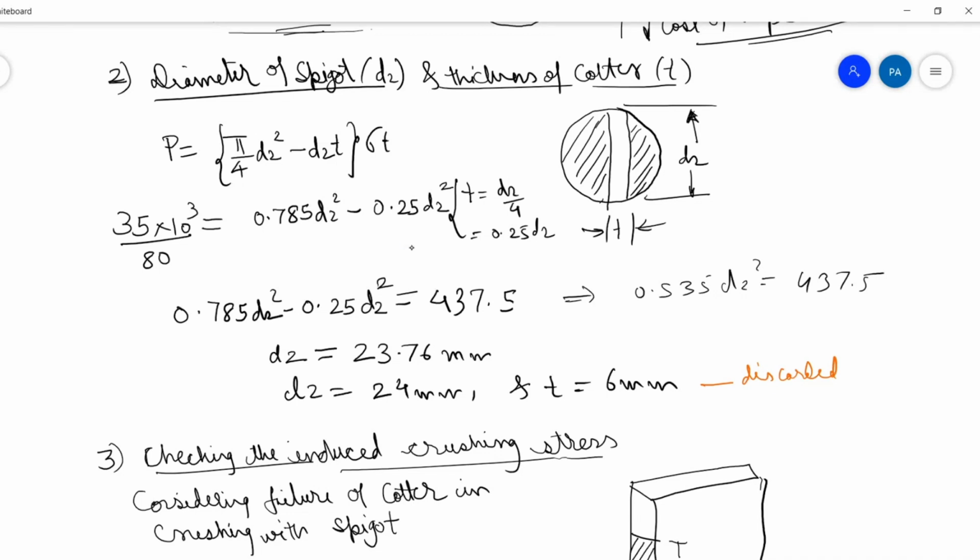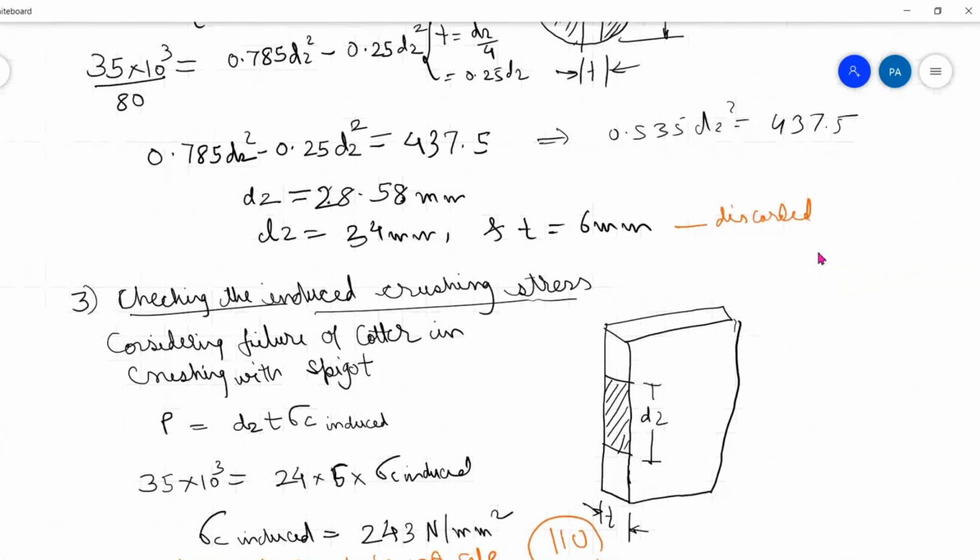What is the value of d2 that you are getting? 28.58. Okay, so let it be 29 mm.